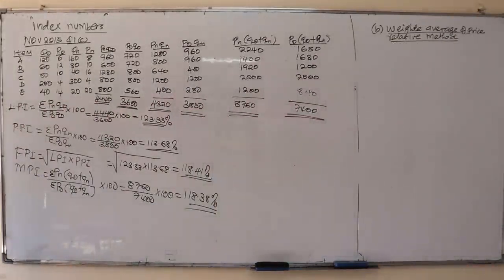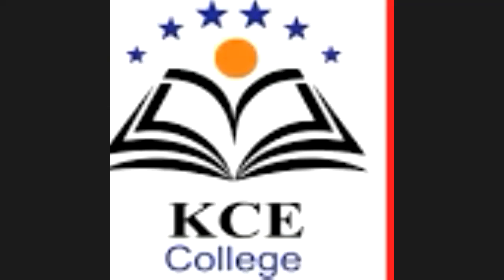So with the weighted average of price relative, this method uses values as weights.